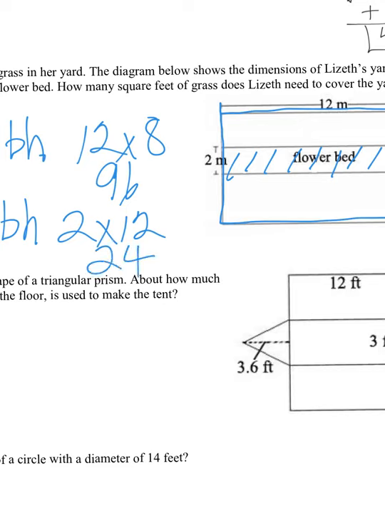So to find the area that she is going to plant grass in would be 96 minus 24, which will give you 72 meters squared. 72 meters squared would be the square feet of grass that she would need to cover her yard.